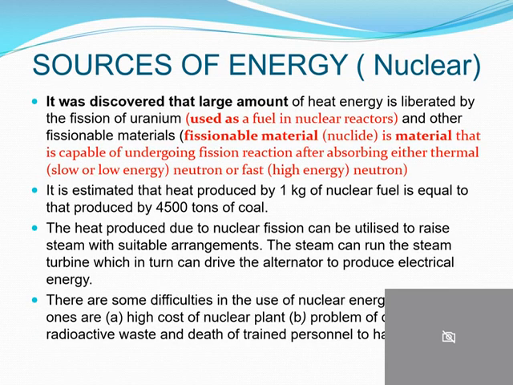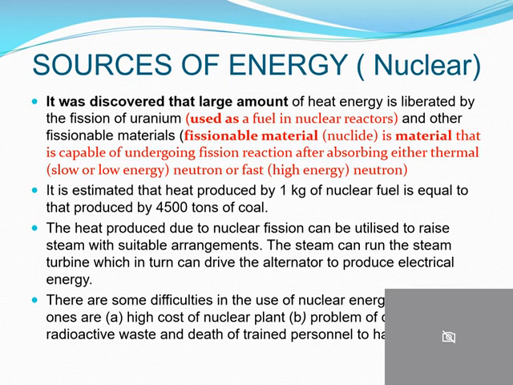And then your nuclear. It was discovered that large amounts of heat are liberated by the fission of uranium, and this is used as a fuel in nuclear reactors. Other fissionable materials, which are called nuclides, are materials capable of undergoing a fission reaction after absorbing either a thermal, which is a slow or low energy neutron, or a fast, high energy neutron.